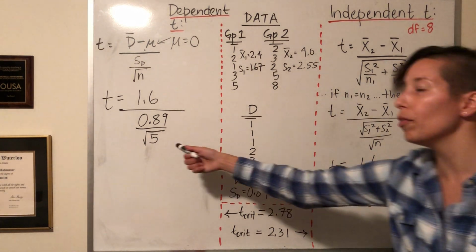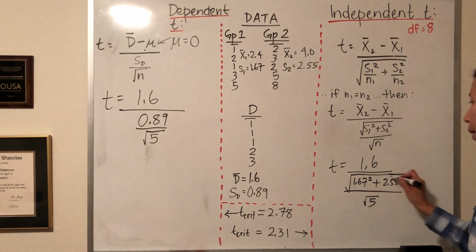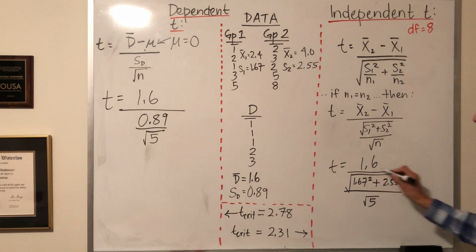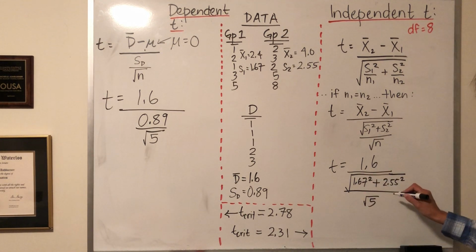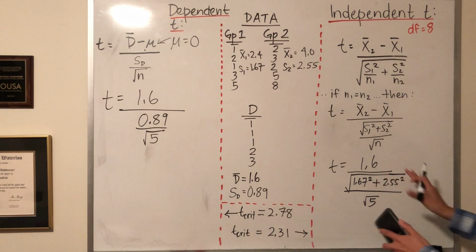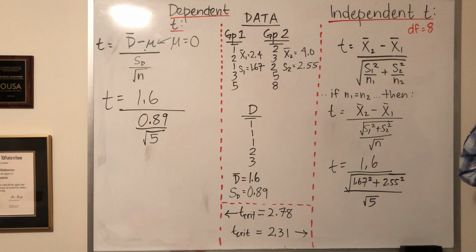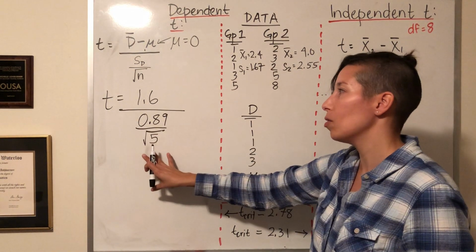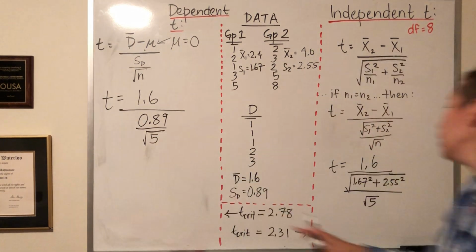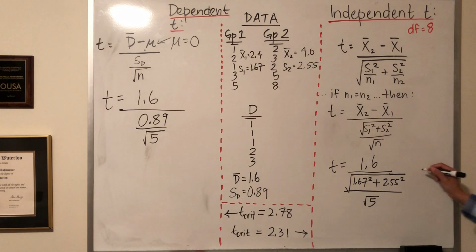So see, they kind of look similar, except that this part of the denominator is going to look different once we get it close to looking like the form of this, because this is almost ready to calculate right away. This one needs some work.